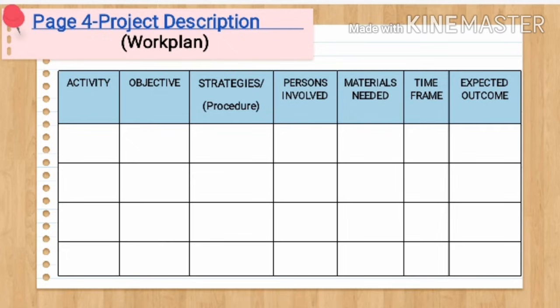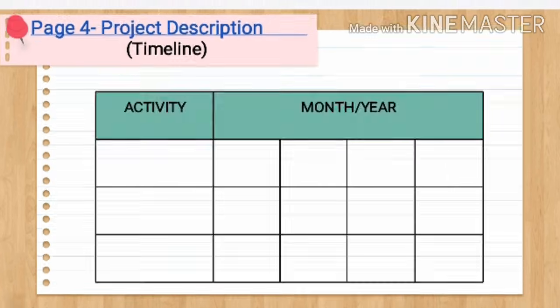This work plan allows you to plan the activities that you are going to undertake in accomplishing the project. It also helps you identify the needed personnel, the needed materials, and how much time you need in accomplishing or completing the said project.